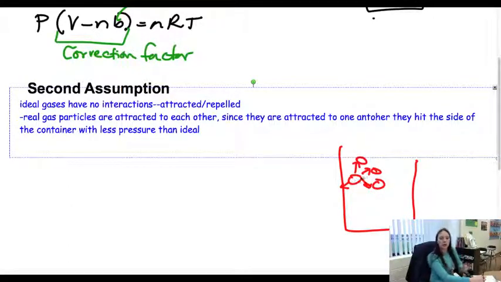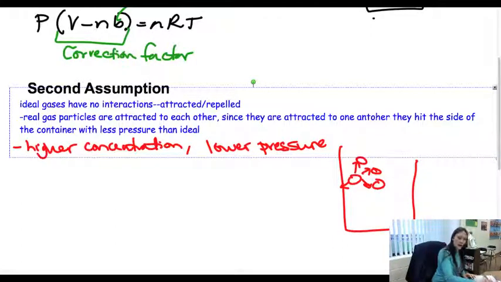So since it's trying to get pulled to the right here with these particles, it's not going to hit the left side of the container with as much pressure or force, because it's not going to be moving as fast, because it's not freely moving around. It's attracted to the right side a little bit. So it's going to be a little bit lower than what you would think. Now, the higher the concentration, the lower the pressure.